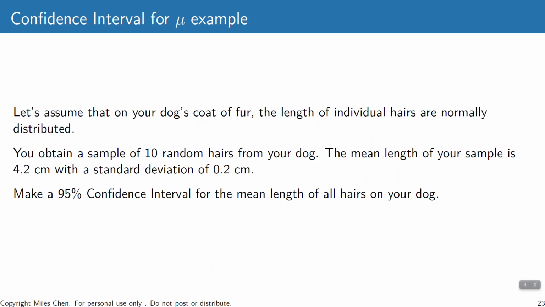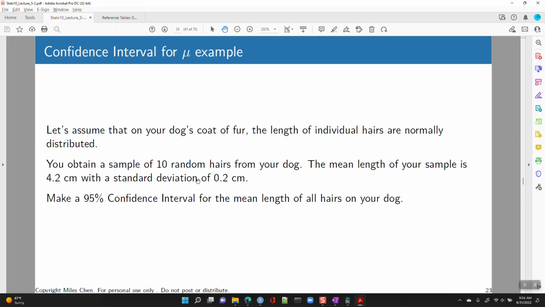And we'll say the mean length is 4.2 centimeters, and there's a standard deviation of 0.2 centimeters. So some hairs are a little bit longer, some a little bit shorter, but on average the length is 4.2, standard deviation of 0.2. So we'll make a 95% confidence interval.